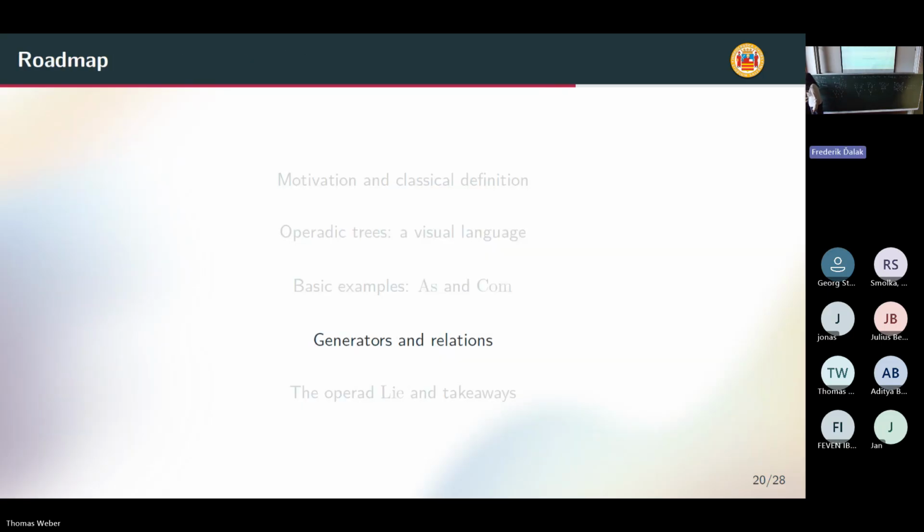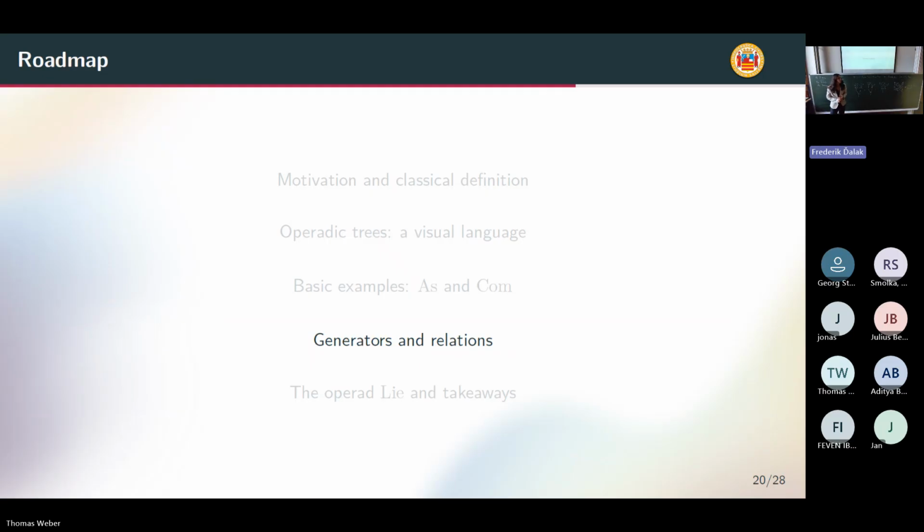Okay, and so with the tools I have given you so far, we can easily recover the associative and commutative case, but we struggle a lot if we try to define by hand an operad whose elements satisfy the Jacobi identity, because it is a three-term relation, and we struggle a lot if we try just to define an operad by listing its spaces and by defining an action of the symmetric group.